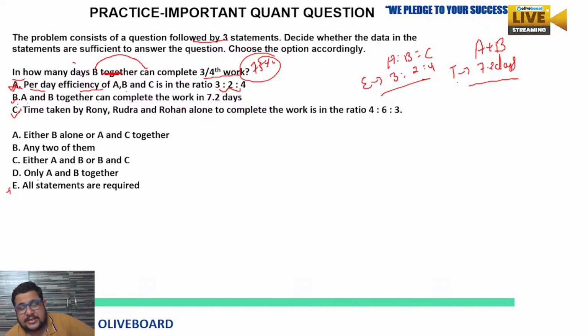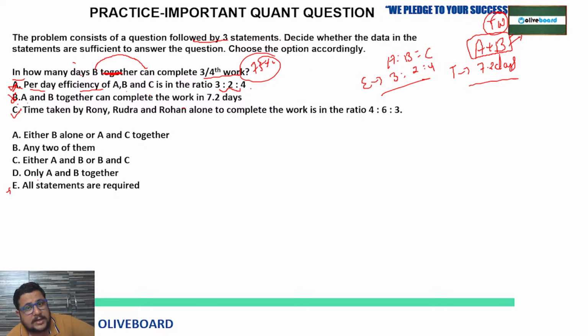If they can finish a certain task in 7.2 days, can we calculate the total work or in how many days B will finish? No. By this line, we only have A and B together completing the work, but B alone in how many days, we cannot say. So how can we calculate even 3/4 work will be completed in how many days? So statement B also is not sufficient to answer alone.